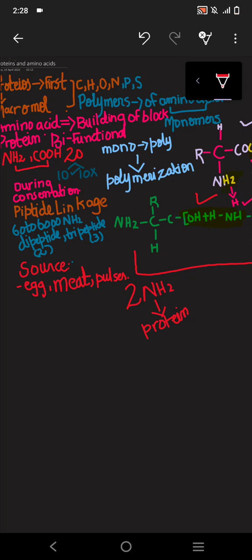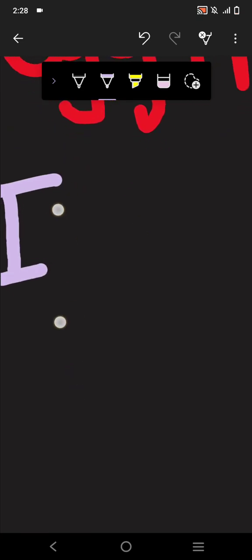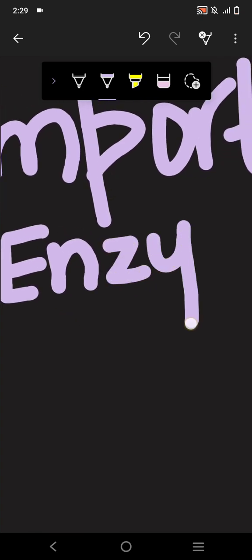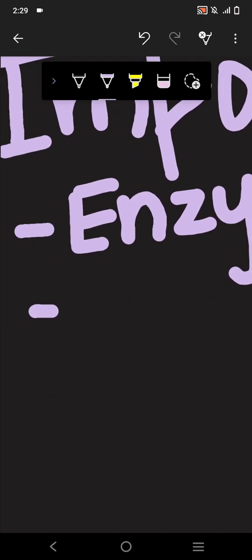As we know, our enzymes are protein in nature, so it is important to generate enzymes. Sometimes proteins are used by pharmaceuticals as a medicine.